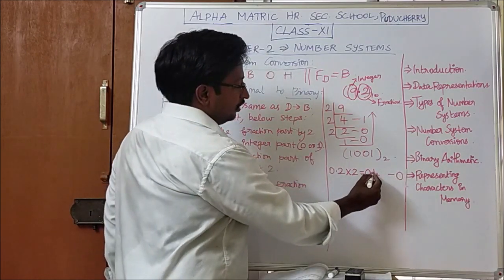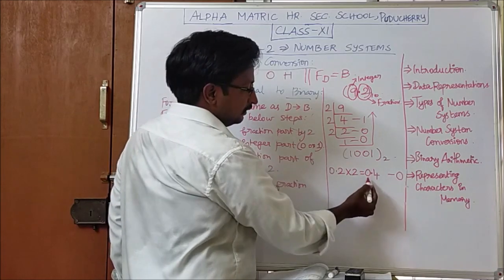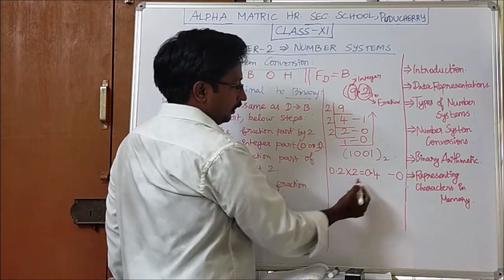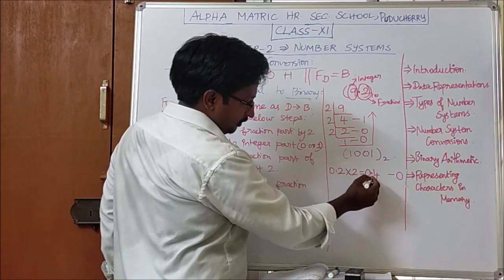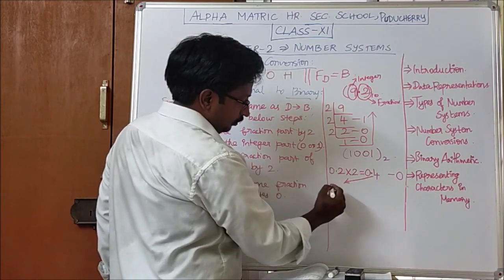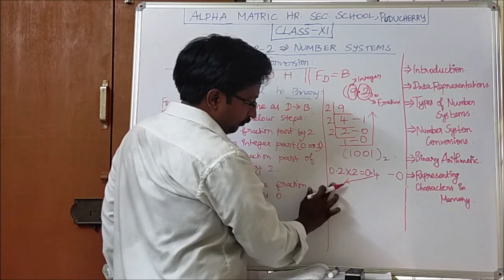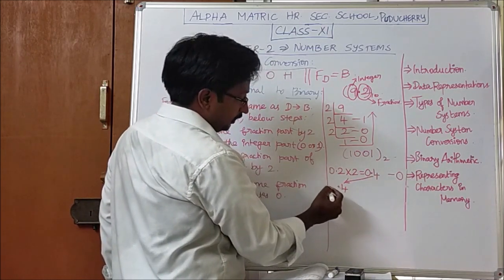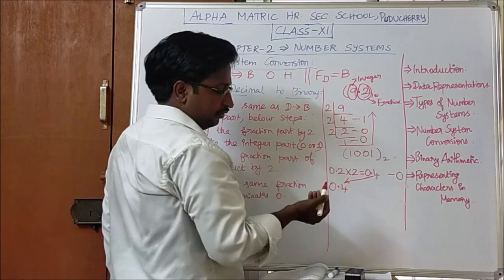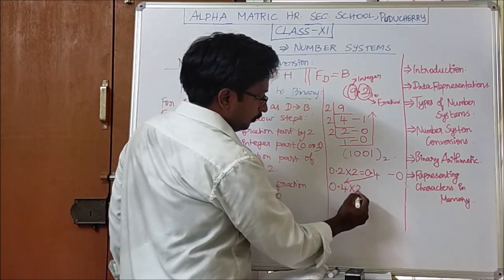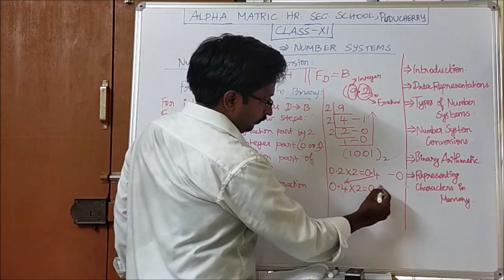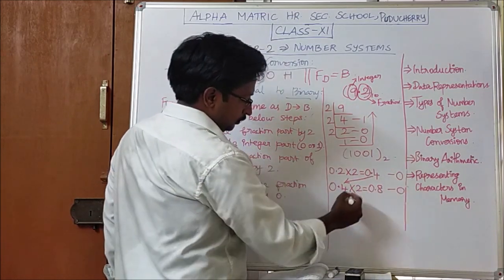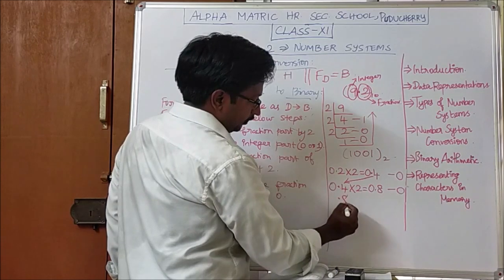You have to separate and discard the integer part of the result, and take this 0.4 only, because the integer part is nothing, it is 0 obviously. Again we have to multiply, 0.8. Again the integer part is 0. So again I take the 0.8.